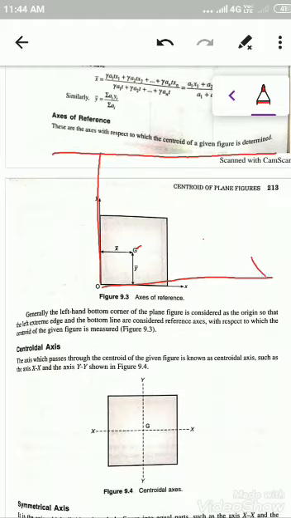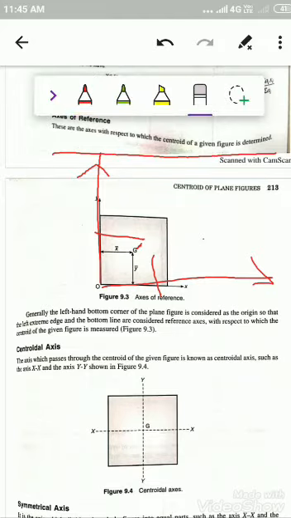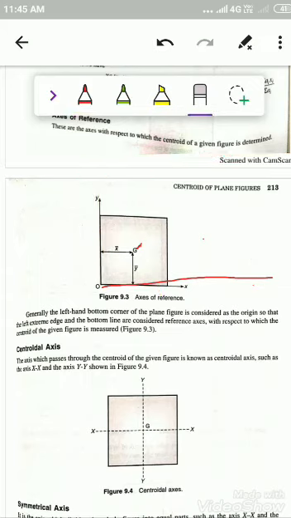With respect to these x and y axes, you are finding the G value. With respect to the x-axis, what is the y bar distance? With respect to the y-axis, what is the x bar distance? These two axes we call the reference axes. The reference axis is the one with respect to which you calculate the centroid of a plane figure.